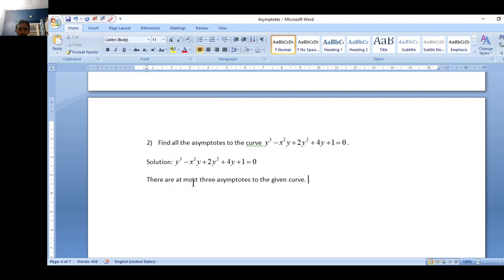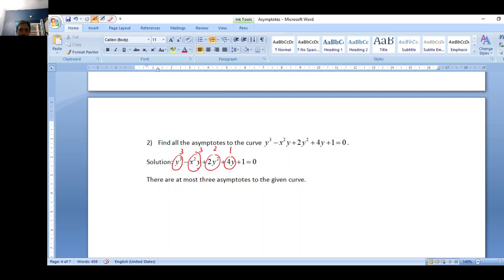Why? It is because, as you can see here, the degree of this term is 3, the degree of this term is 3, the degree of this term is 2, the degree of this term is 1, and the degree of this term is 0. So what is the maximum degree term?